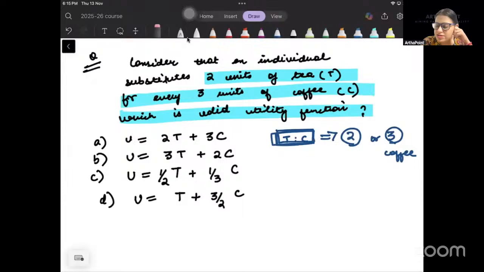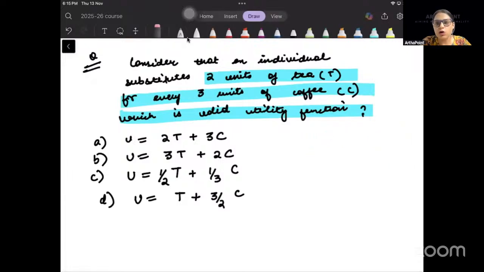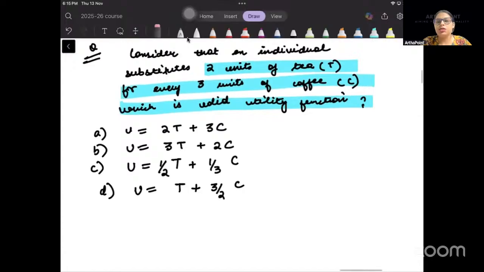But always remember that in substitute goods, we are always interested in the total amount. So it does not matter whether I have tea or coffee. The only thing that matters to me is the total amount of drinks that I am going to have.